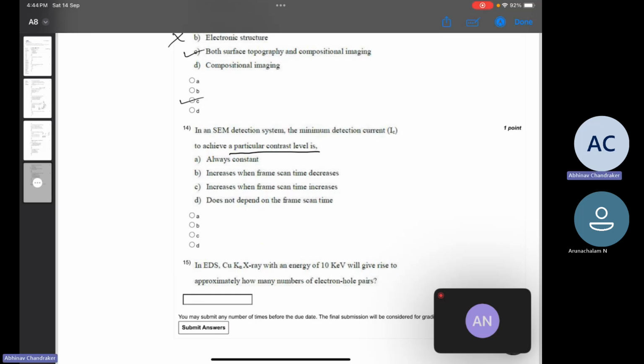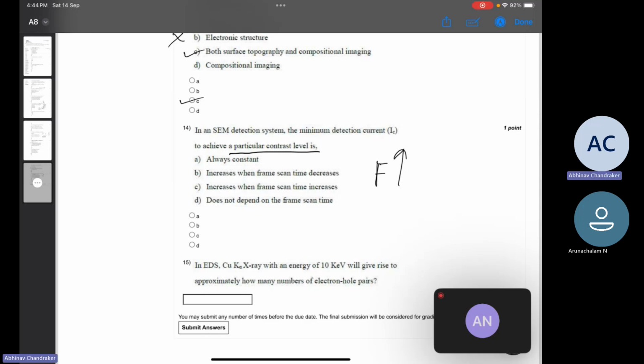So for a particular contrast level, if the scan frame rate increases, we can expect that the minimum detection current required will be higher because the scanning is faster. You need more current, more signal, if you still want to do the imaging and get good resolution for a particular contrast level.